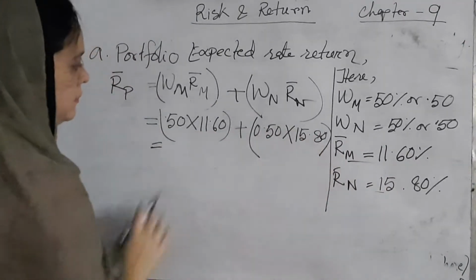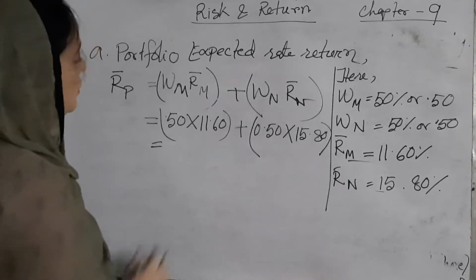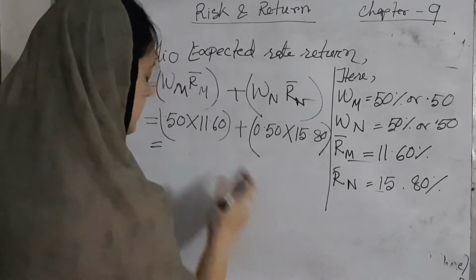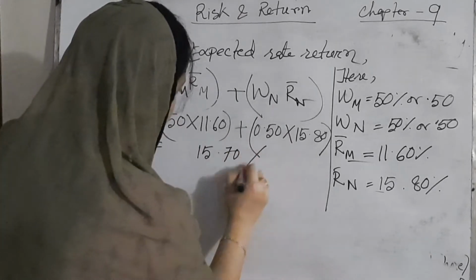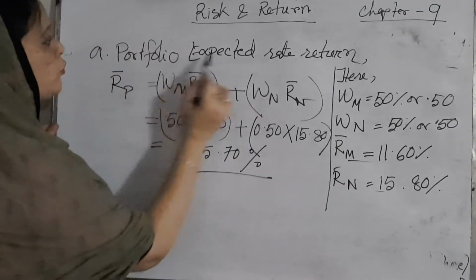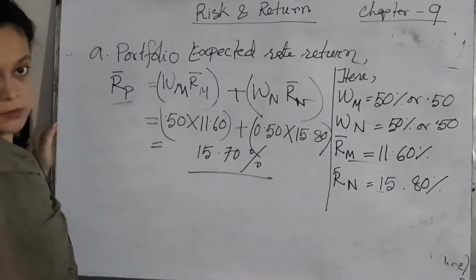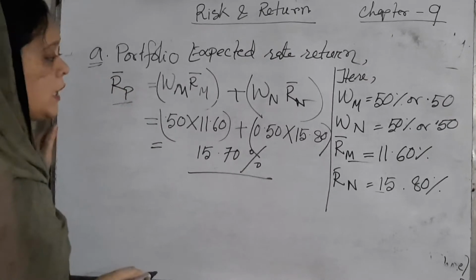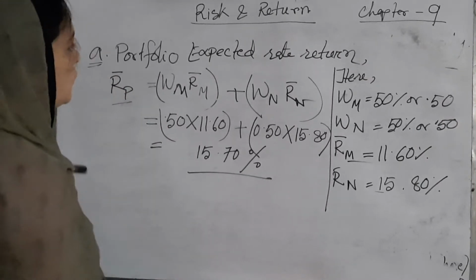This is the math, and we have to calculate it through the calculator, and the answer is 15.70%. This is the answer for the portfolio expected rate of return of both projects. Requirement A I have already done, and now I am doing the second requirement.